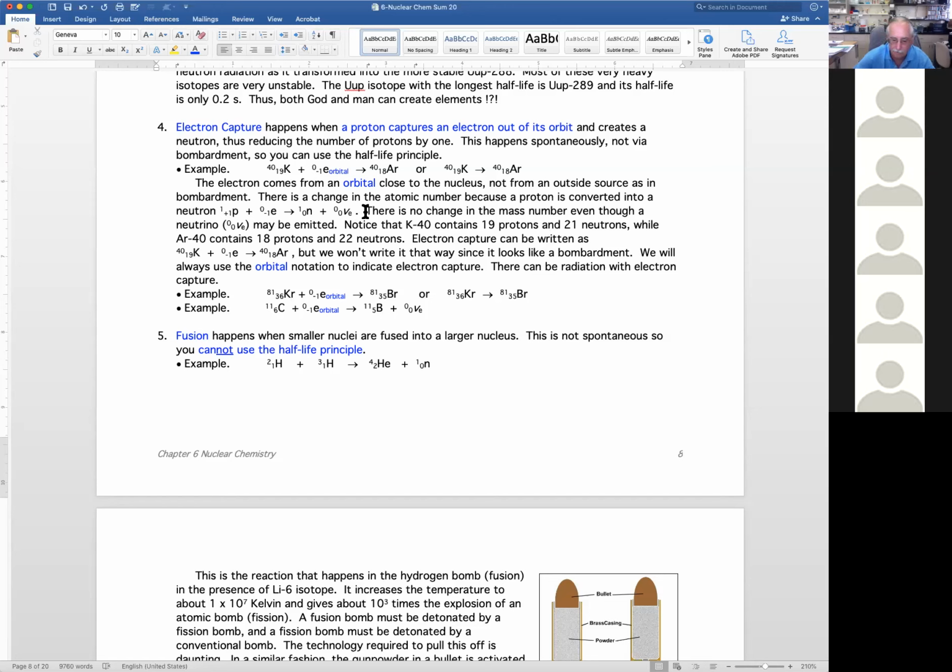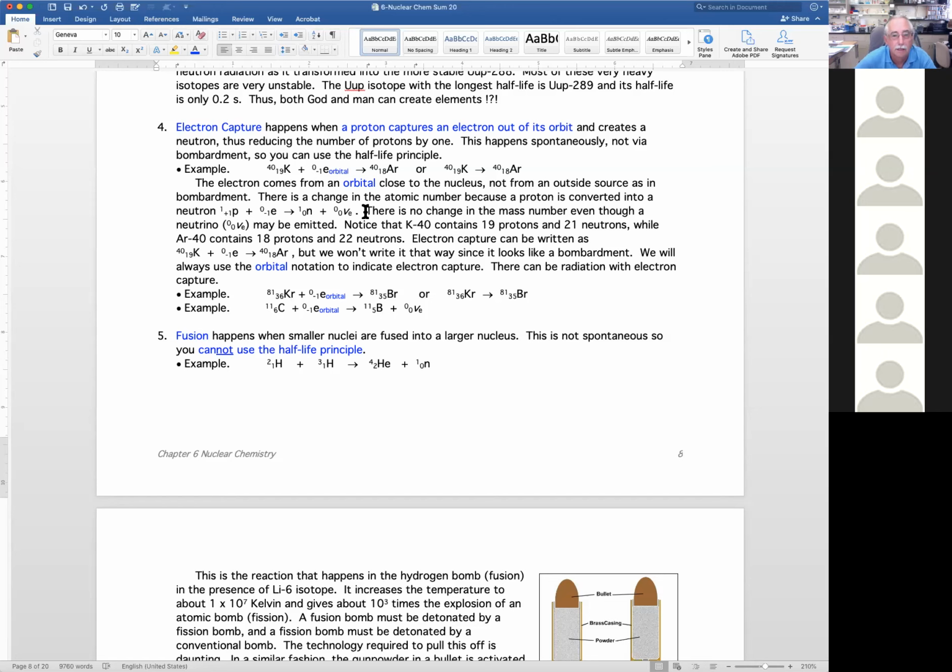Yes. But if orbital wasn't written, how would I be able to tell if something is bombardment or spontaneous? Well, you wouldn't unless you were a nuclear expert. Okay, makes sense. So if you start searching the internet for stuff, you're going to get pretty confused with this. Right, right.